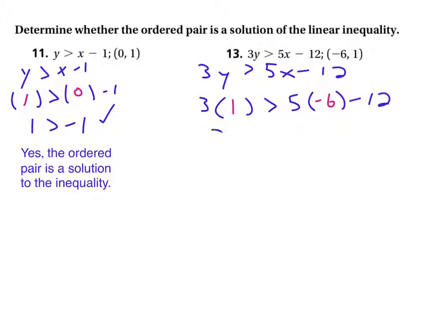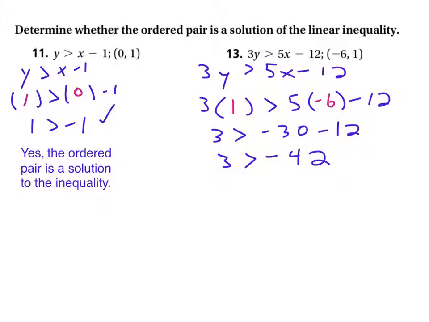3 times 1 is 3. 3 is greater than negative 30 minus 12. And 3 is greater than negative 42. That's also true.